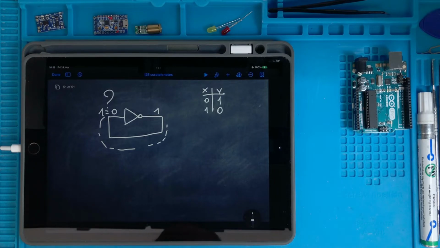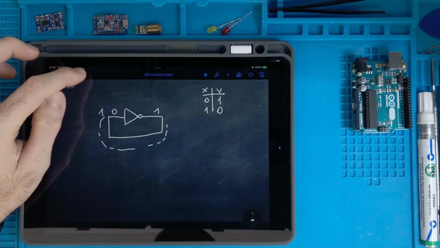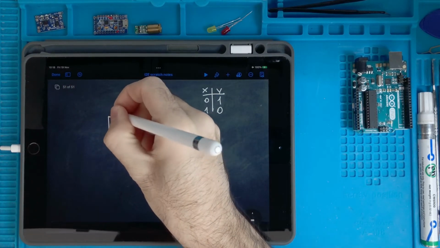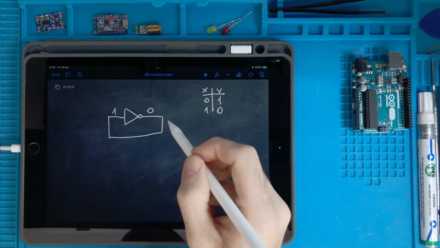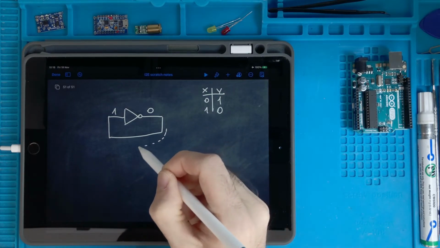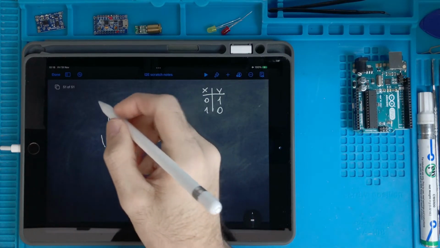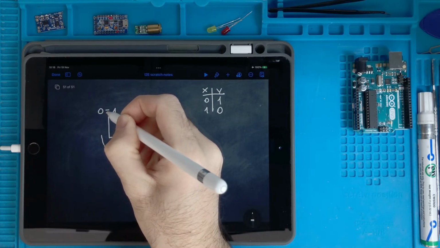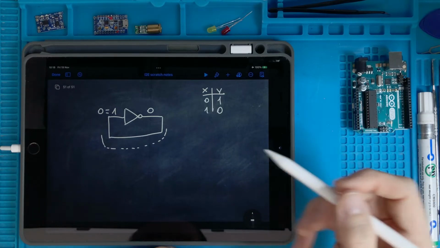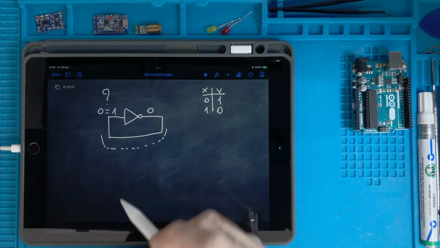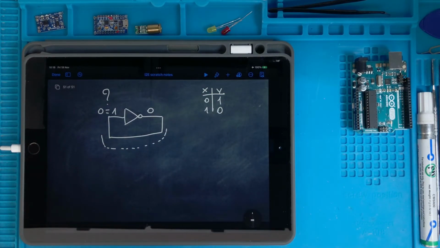And of course we have the same problem if we start with a 1. The gate will produce a 0 according to the circuit, and then this circuit is connecting the 0 here, and then again we have this embarrassing situation where we have 0 equal to 1.